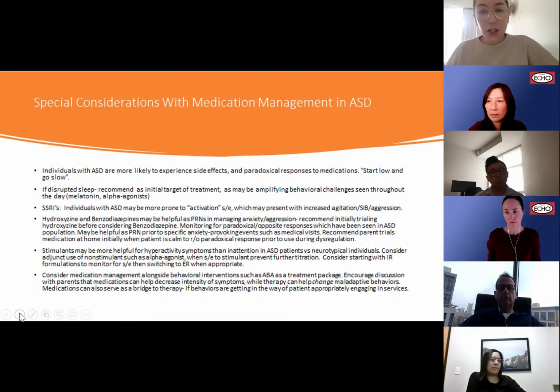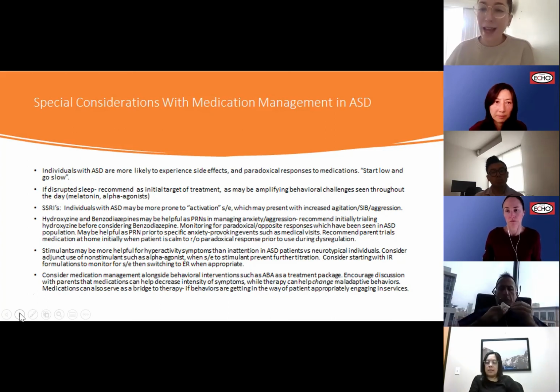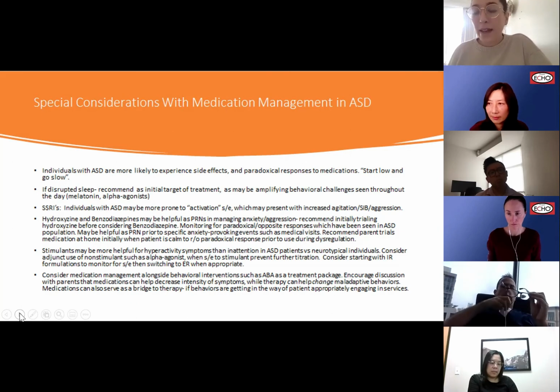If sleep is an issue, that's a good place to first start and optimize that, because of course, if they're not sleeping well, their behaviors during the day will all be amplified with a lot lower frustration tolerance, a lot more meltdowns and tantrums. So thinking about melatonin as a first line, and then an alpha agonist as a second line there.